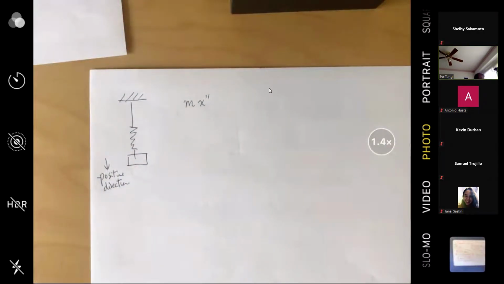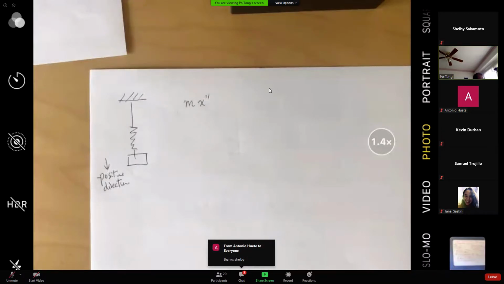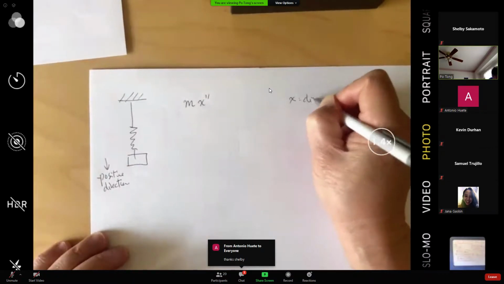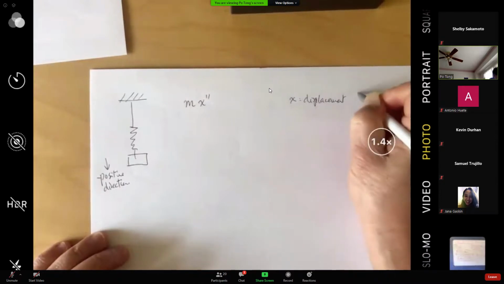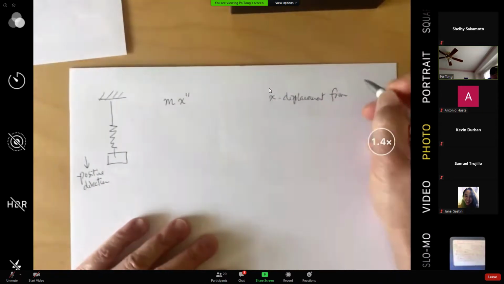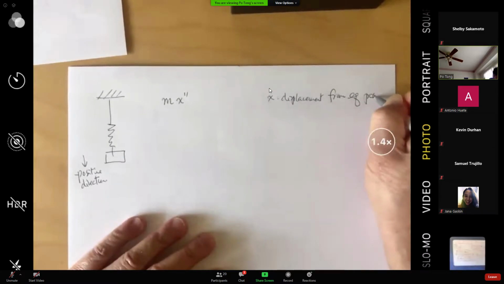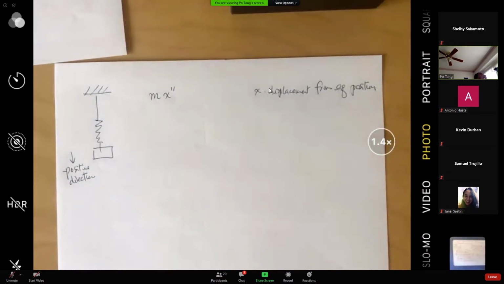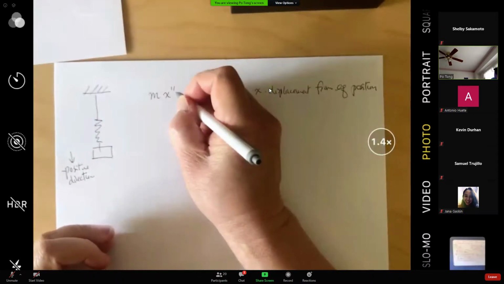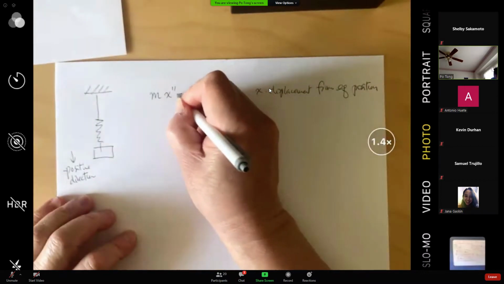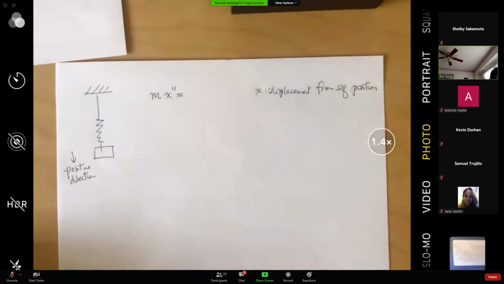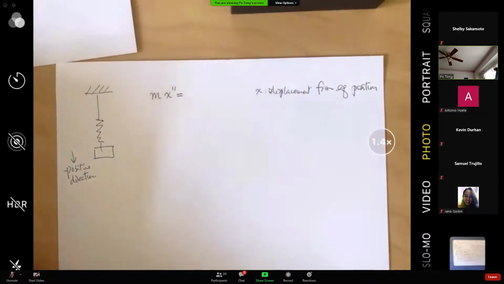So x is the displacement from equilibrium position. Mass times acceleration is equal to the force. The force has two parts. I forgot the terminology. I forgot what symbol they use, so I have to take a look at what symbol they use.